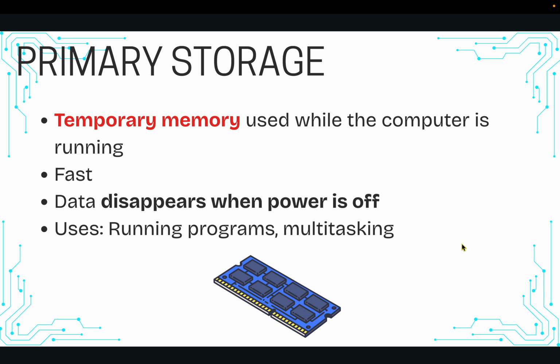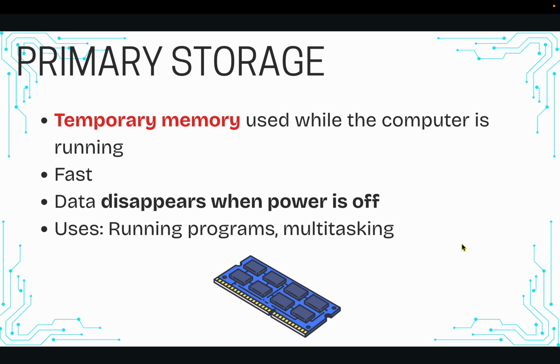So, deep diving into them to understand them a little bit more. As I said, your primary storage, your RAM, is just temporary. It's just using whatever memory it has at that moment to run while your computer is running. So this is going to be fast. Your data is going to disappear when it powers off. This is what happens when you're running programs or multitasking and things of that nature.